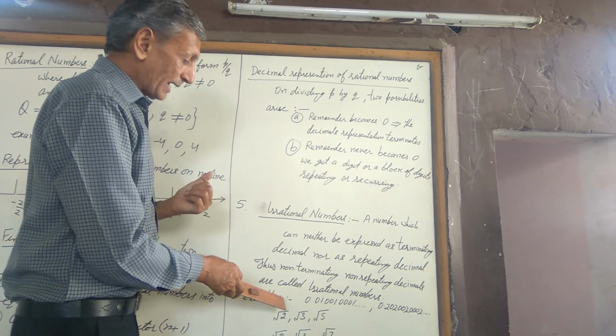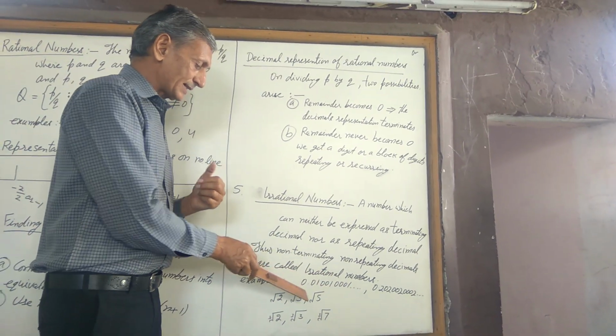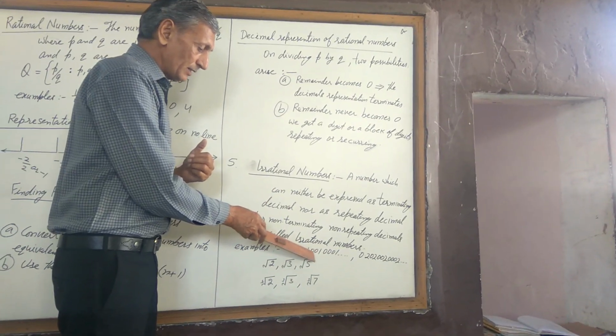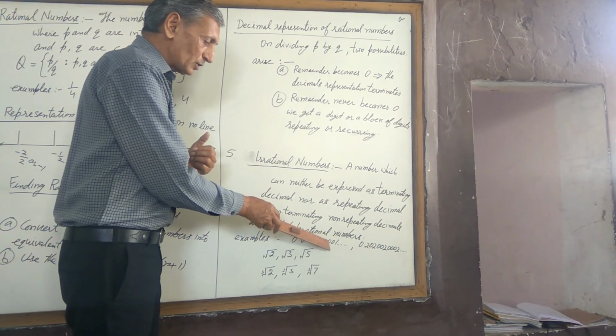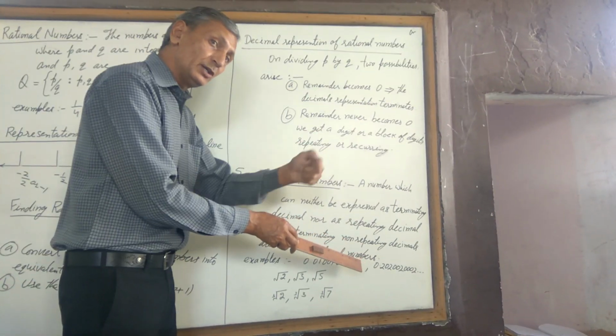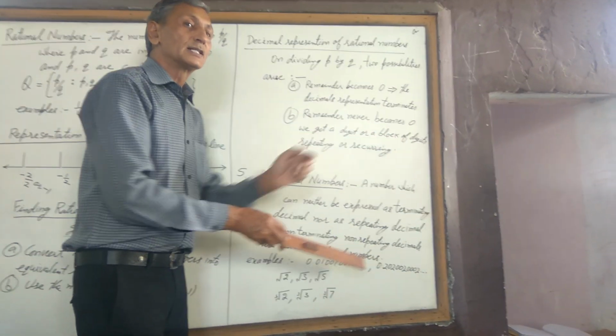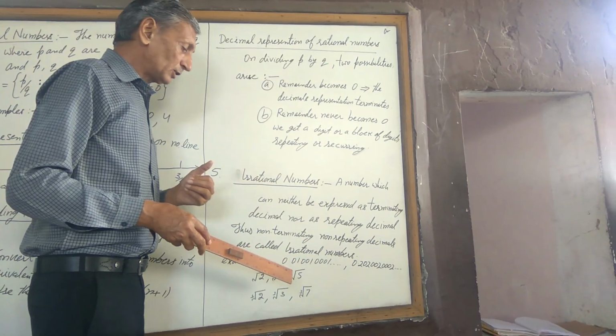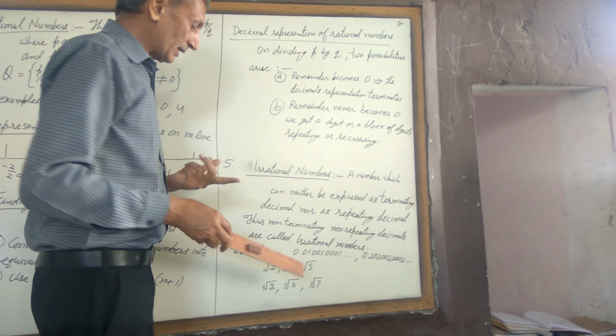See, there can be such numbers as 0.01001000100001. So that kind of numbers which are not repeating, all those numbers are irrational numbers.